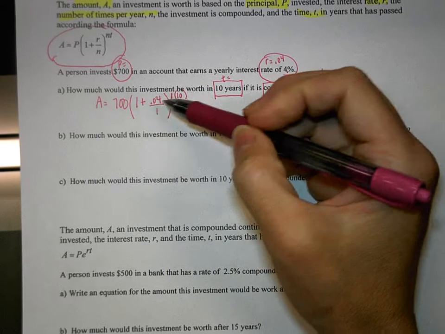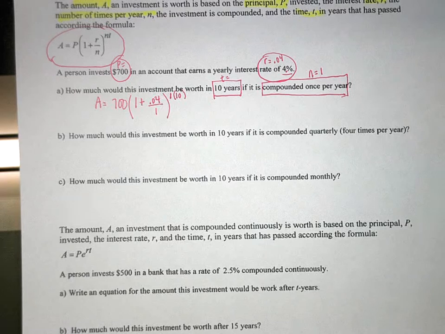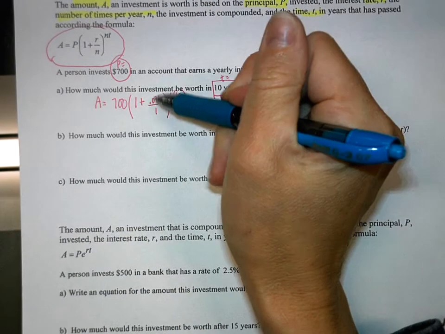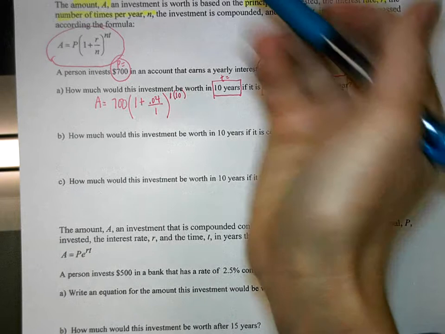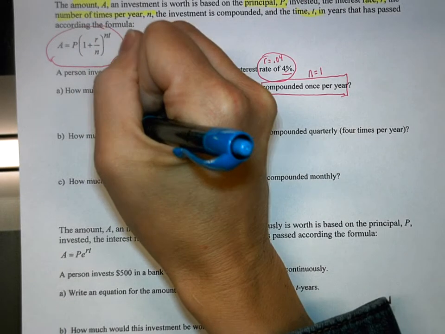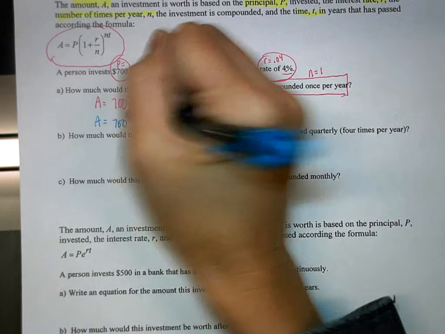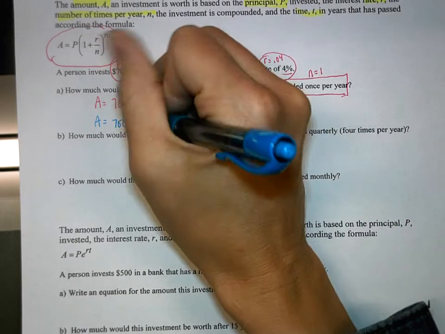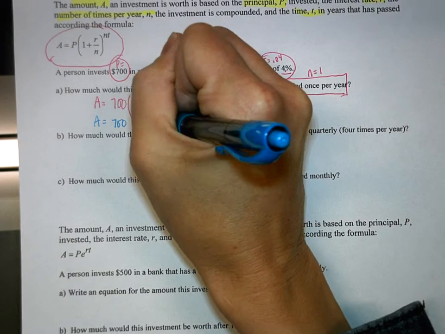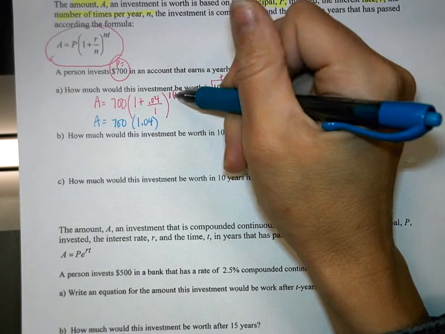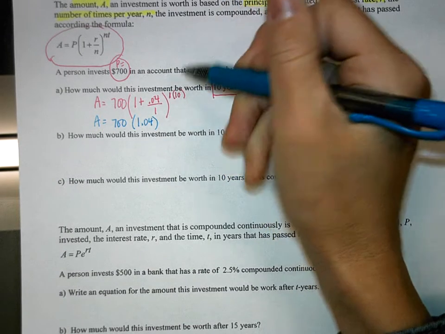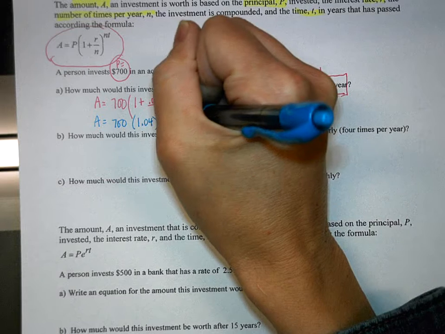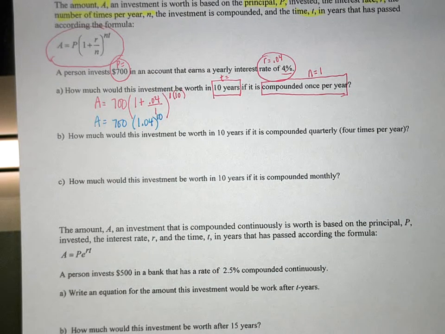First of all, we would take care of our parentheses. So 0.04 divided by 1 is 0.04, correct? And then 1 plus 0.04 is, very good, 1.04. And then it's going to be raised to the 1 times 10 power, and 1 times 10 is 10. We would need to use a calculator for this.